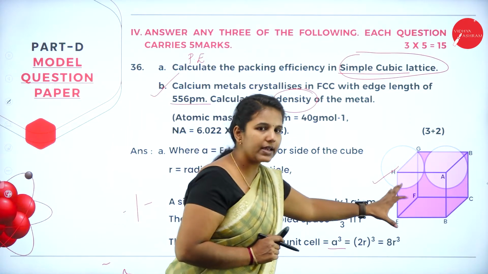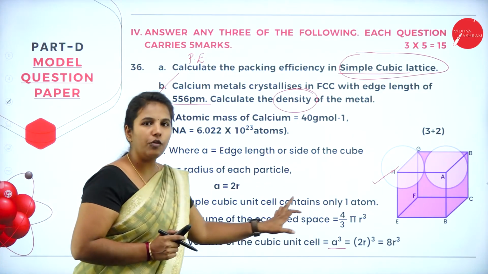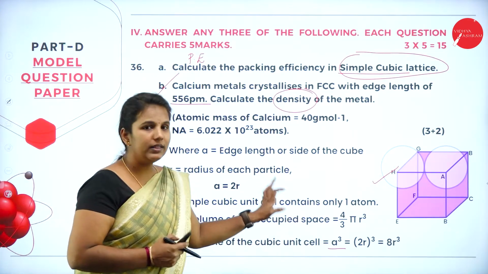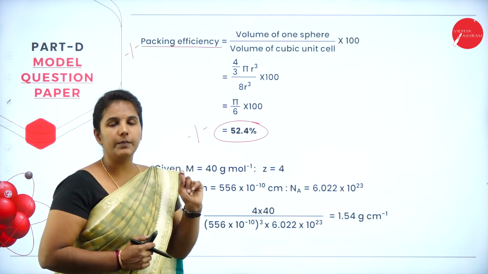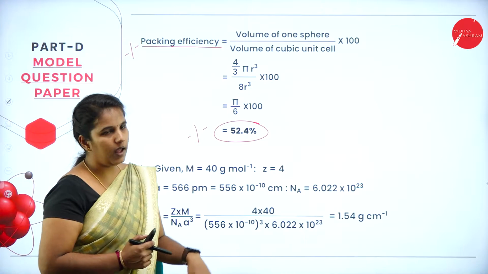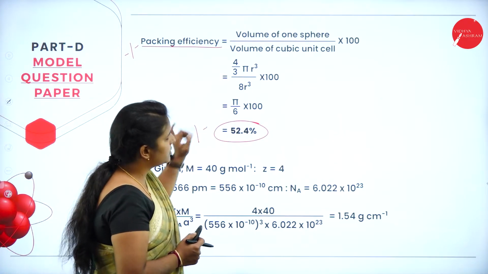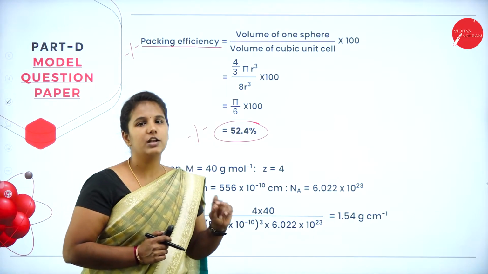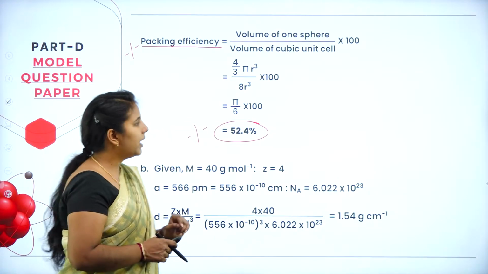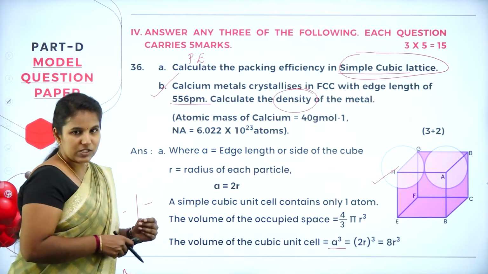If you write the diagram and the values of a cube, then if you write the proper formula of the packing efficiency, you will get 1 mark. And later the substitution and writing the correct packing efficiency value, you will get 1 mark. Hope you all understood this. I'll go with the explanation now.